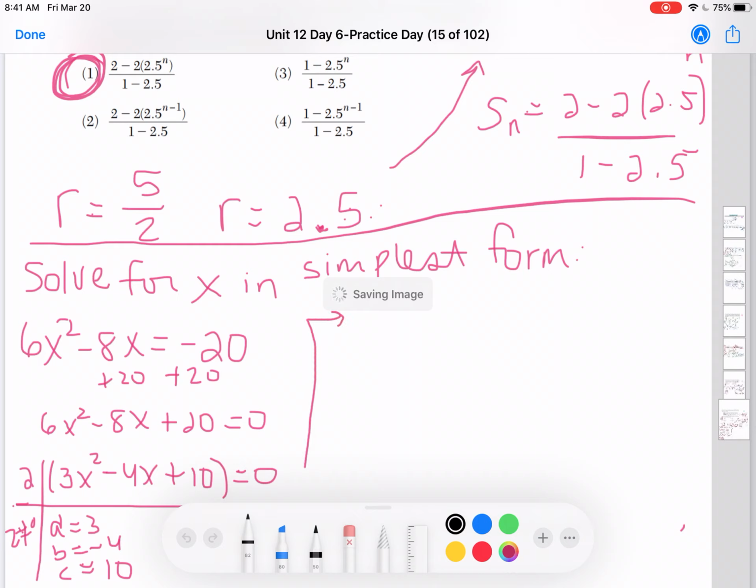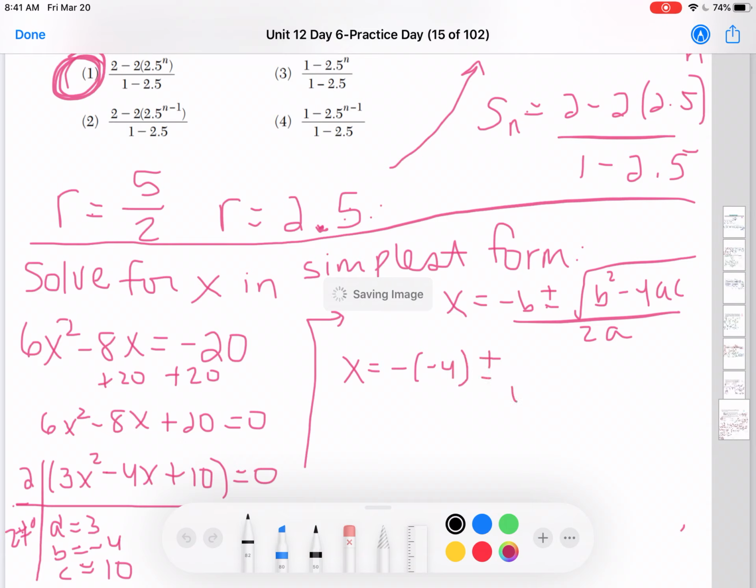All right, remember what the quadratic formula is? So x equals -b plus or minus the square root of b squared minus 4ac all over 2a. All right, so we're going to have -b plus or minus the square root of b squared minus 4ac all over 2a.